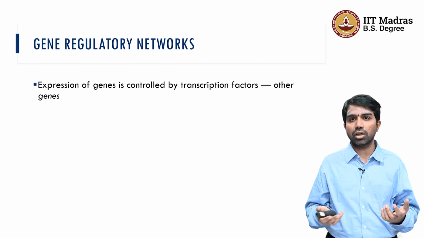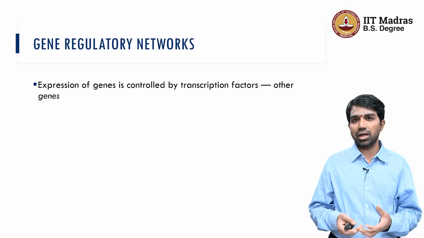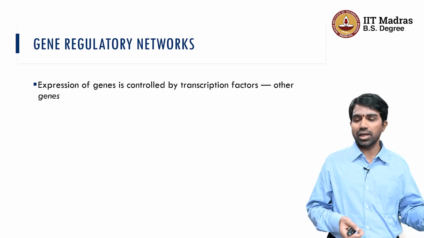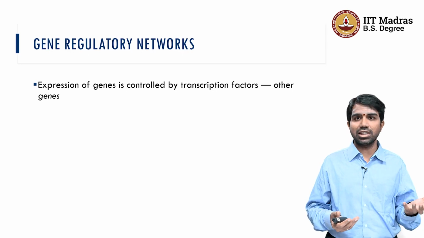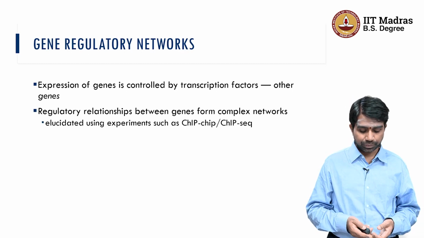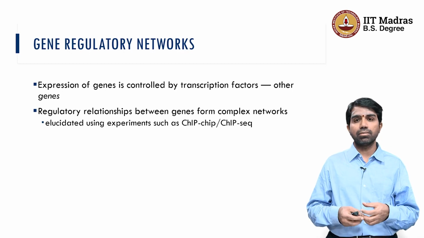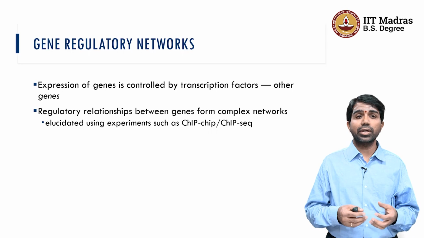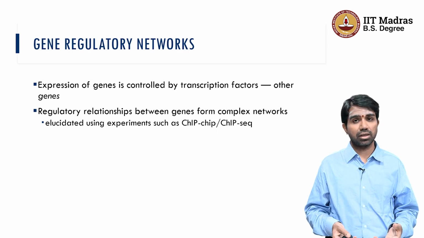So this is the sort of network that exists within a cell, and these transcription factors are proteins, but you can essentially think of them as other genes. So if you project everything to the gene space, so to speak, the regulatory relationships between genes form really complex networks, and you can elucidate them through experiments such as ChIP-seq and so on.